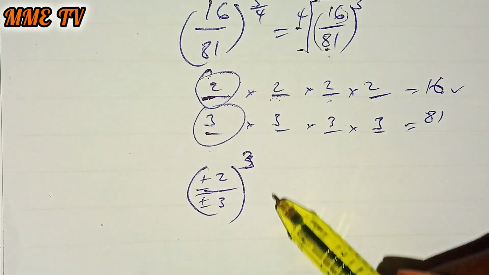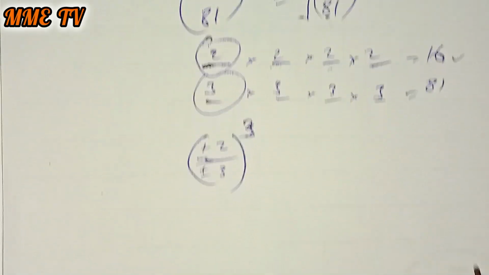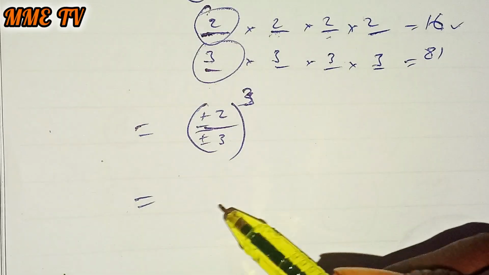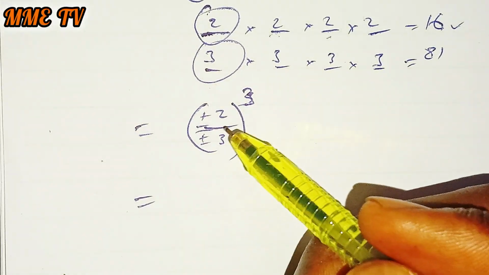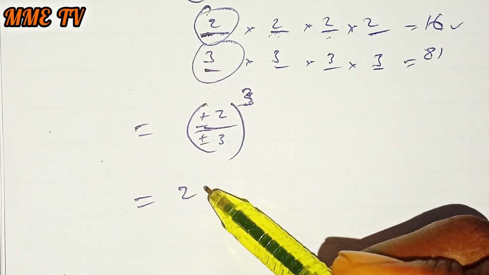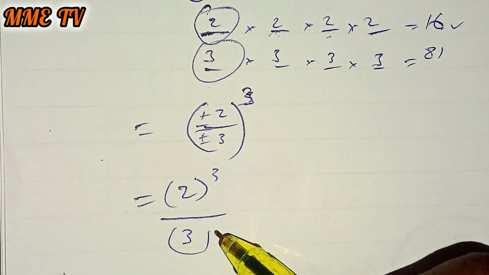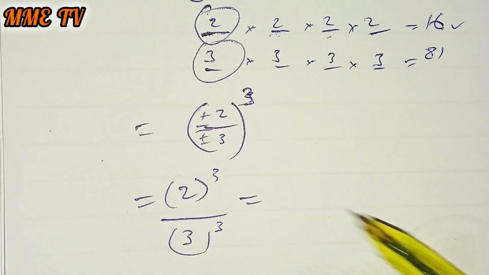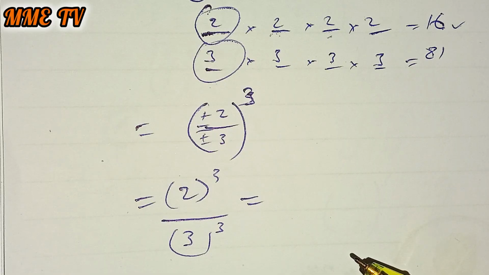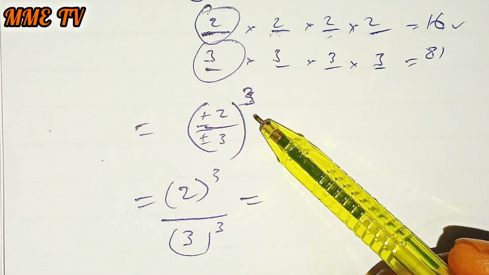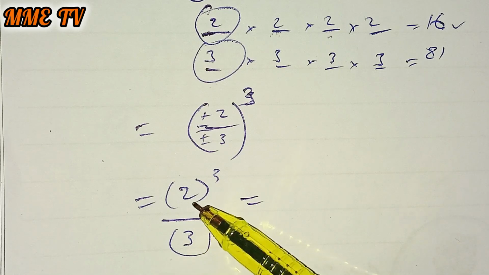Then this is going to be equivalent to 2 raised to the power of 3 over 3 raised to the power of 3. Do you understand what this means? We had 3 over here, so now this is 2.